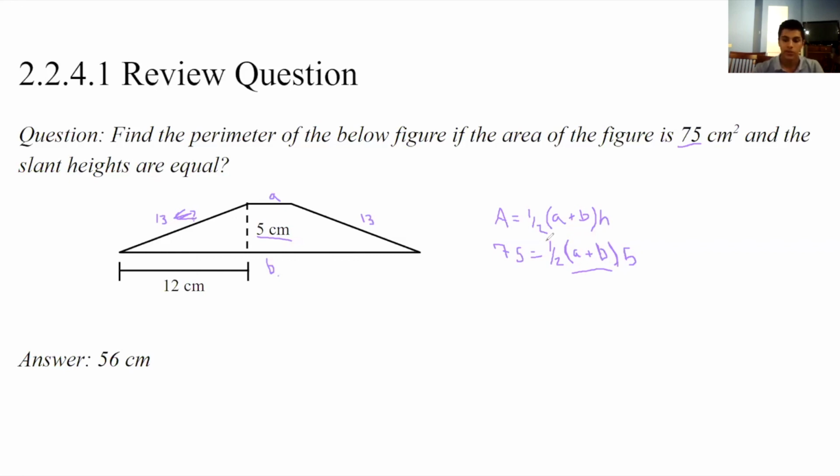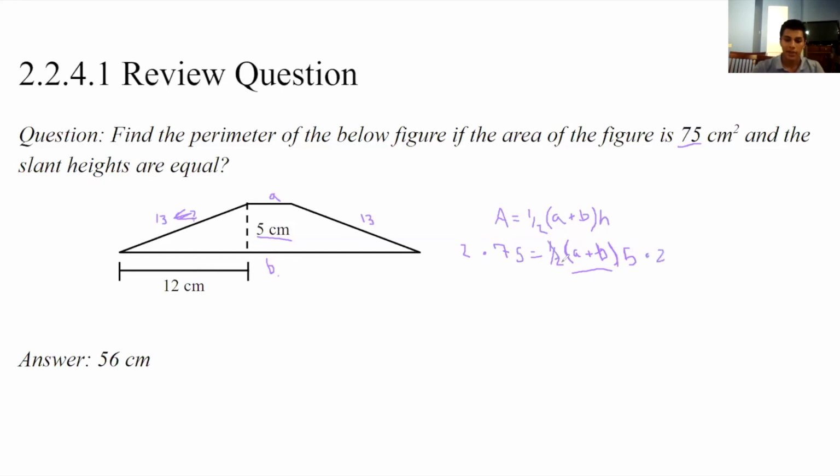So first, to get rid of this 1/2, because remember we want to isolate A plus B on its own. So we need to get rid of this 1/2. Well, 1/2 is just dividing by 2, so we just need to multiply both sides by 2. So if we do 75 times 2, remember the dot means multiplication, and then equals 1/2 times A plus B times 5 times 2, because we need to do the same thing to both sides to keep it equal.